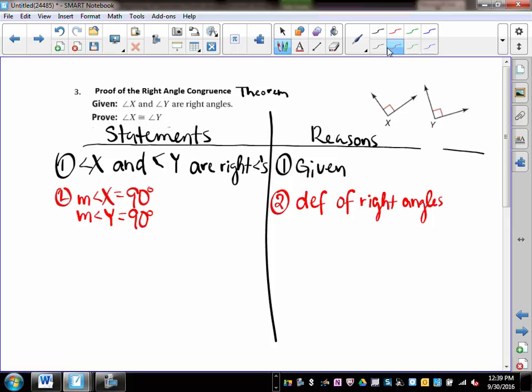So even if it didn't state it up here, if it said prove that and you just had 2 statements, the given and then the prove, go back. You were supposed to have proved that theorem, so you can't use the theorem to prove itself. That's circular reasoning. We're not going to go down the circular reasoning road. So we are proving the right angle congruence theorem. I don't want to see step 1 and then angle x is congruent to angle y by right angle congruence theorem.